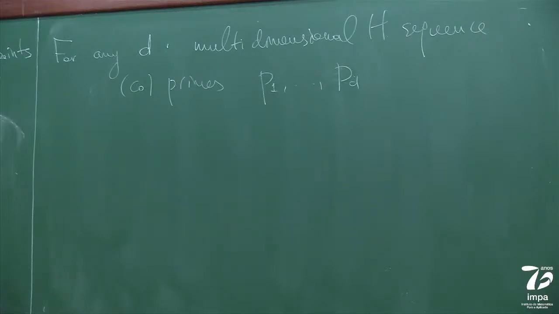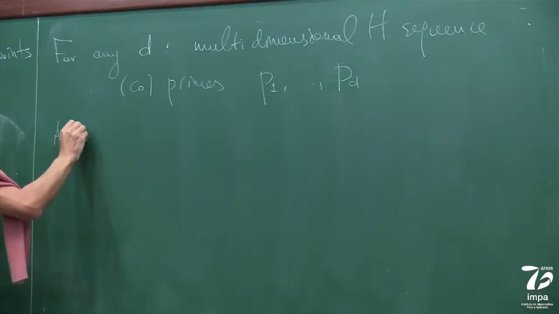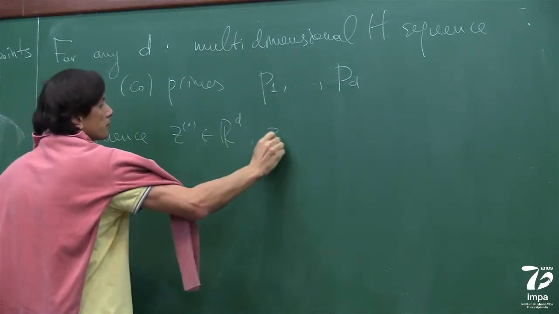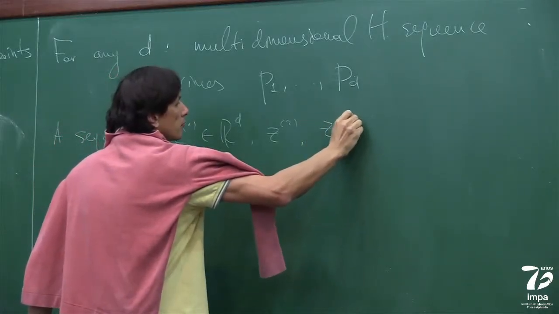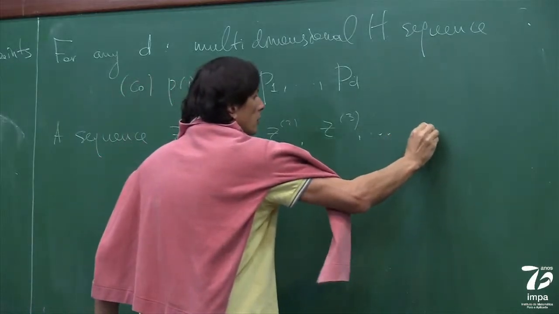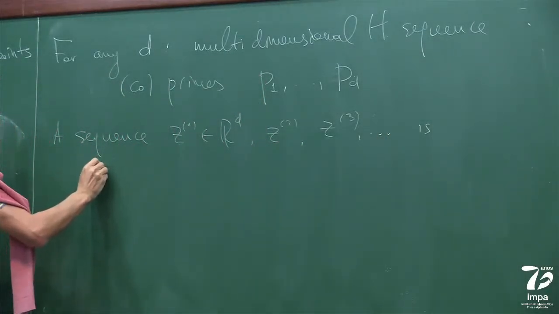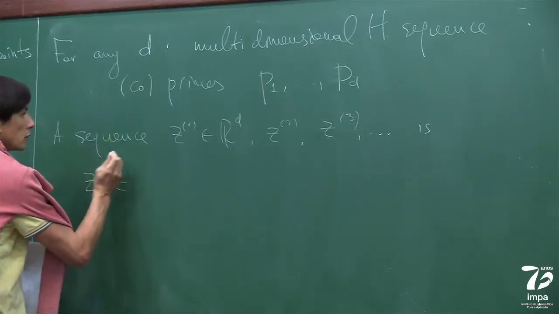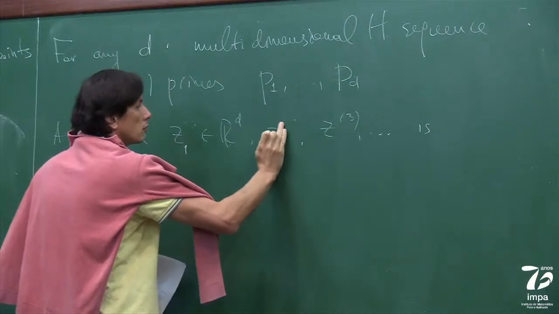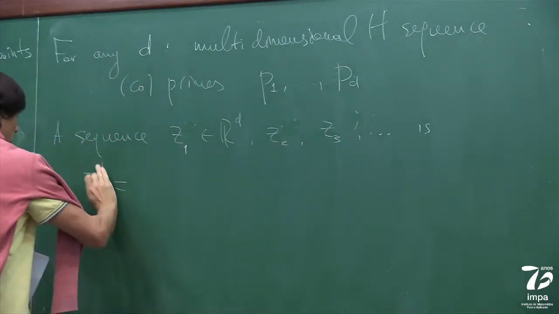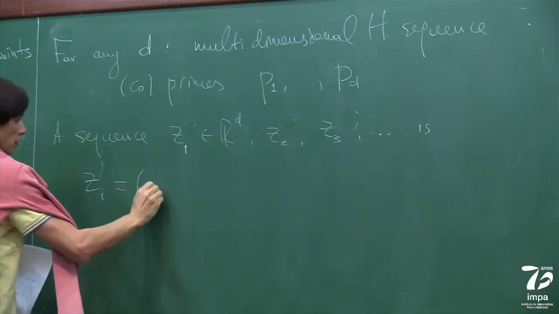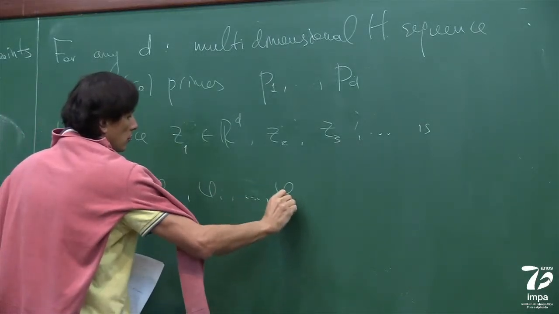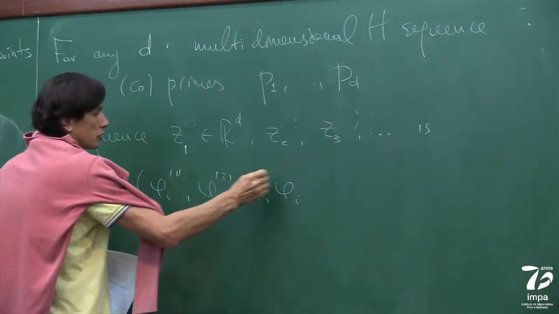And then a sequence of points in d dimensions: each point you compute as a one-dimensional sequence, but each one with respect to its own prime.